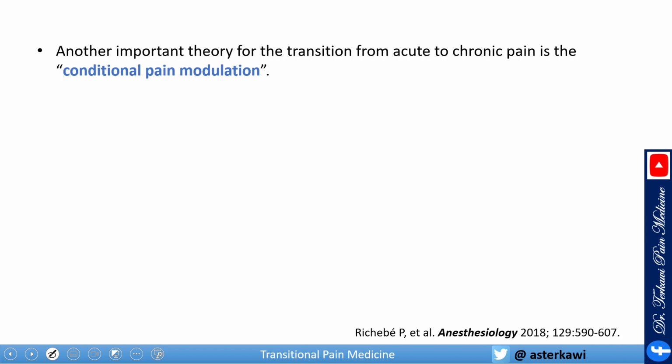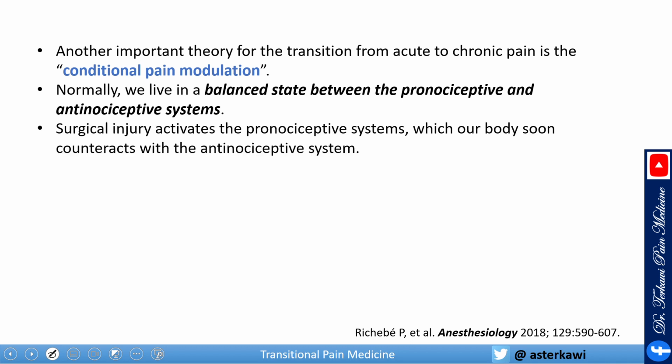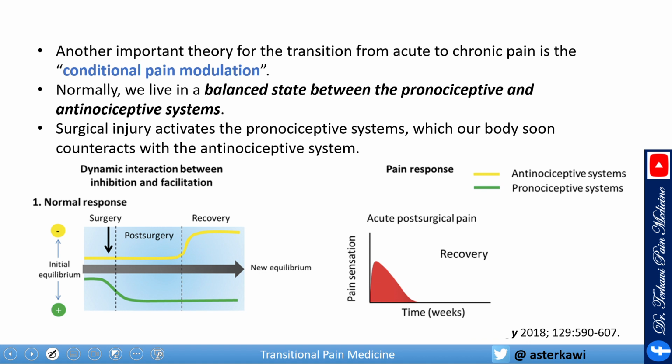Now, another important theory is conditional pain modulation. Normally we live in a balanced state between the pro-nociceptive and anti-nociceptive systems. During surgery, the surgery activates the pro-nociceptive system, which is the green line here.